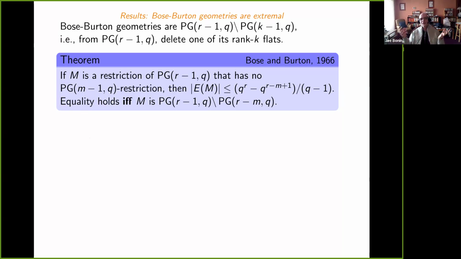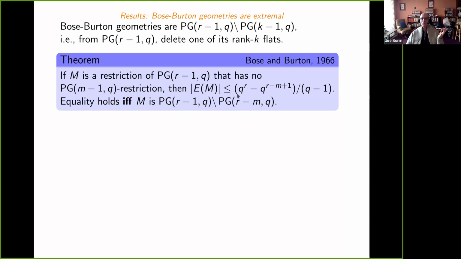Okay, so if you're in dimension r and you want to avoid complete subspaces of dimension m, remove a space of dimension m minus r plus 1, because it would have to intersect any m-dimensional subspace. And what the Bose-Burton theorem is saying is that's exactly the extremal case.